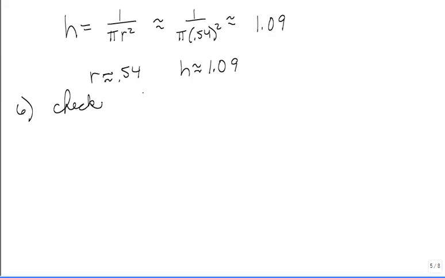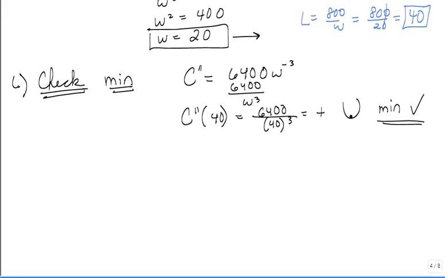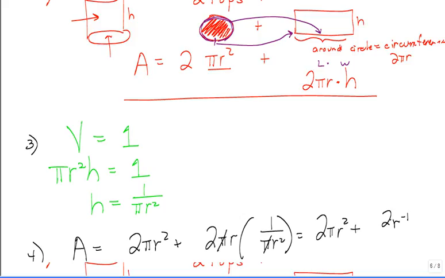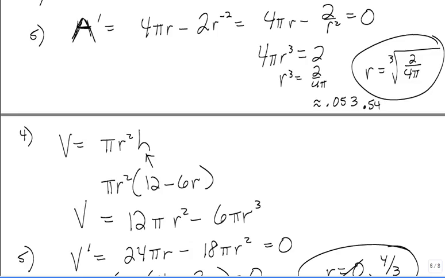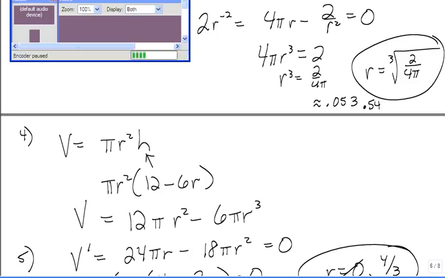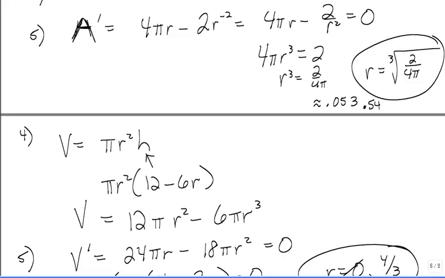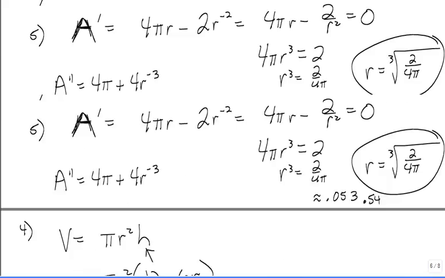So the second derivative is going to be 4 pi plus 4r to the negative 3, 4 pi.